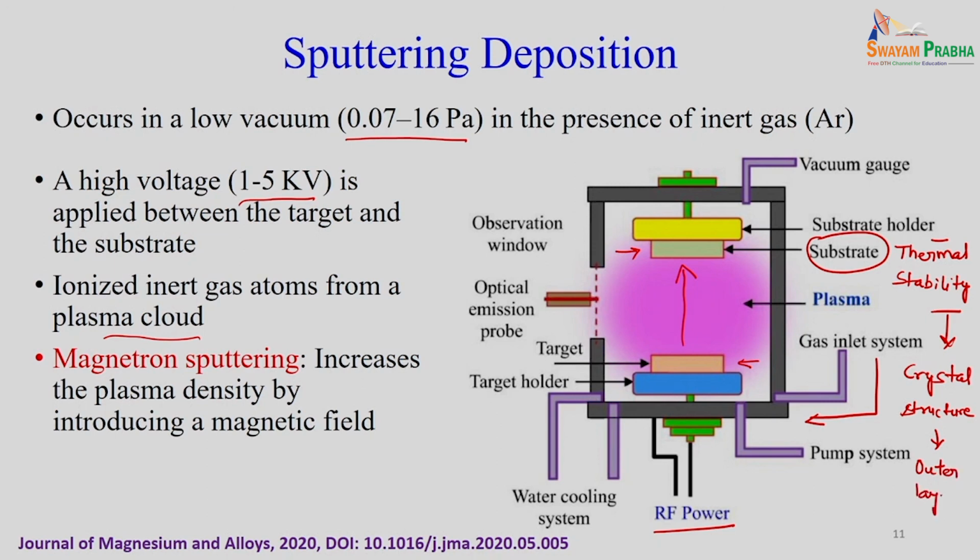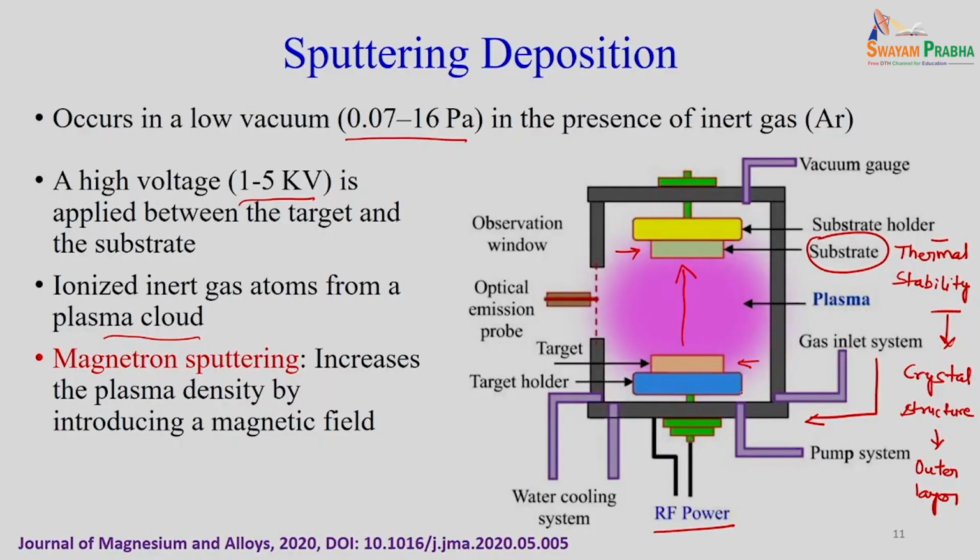So, these are a few challenges, that is, what should be the temperature, because you have to reach the temperature to vaporize your target, and the target is a solid. So, typically it requires a high temperature to form the plasma cloud, or evaporate the solid in order to get it deposited on your substrate.